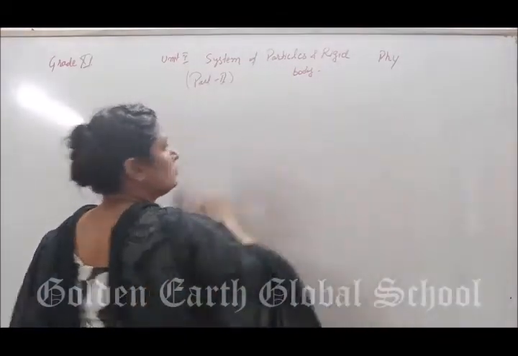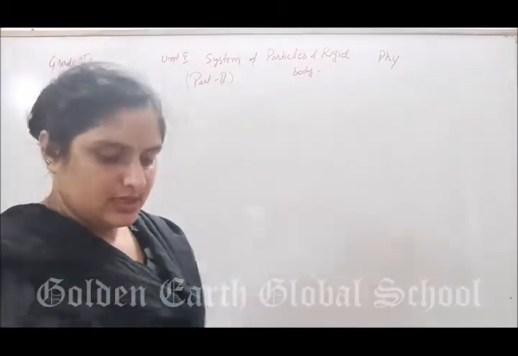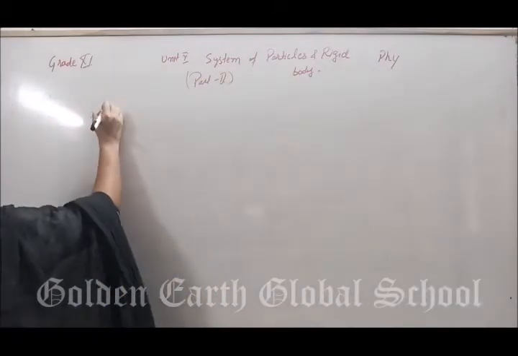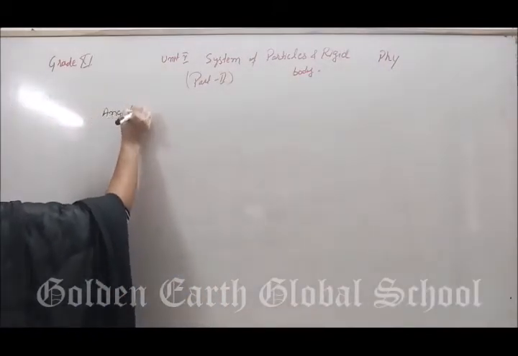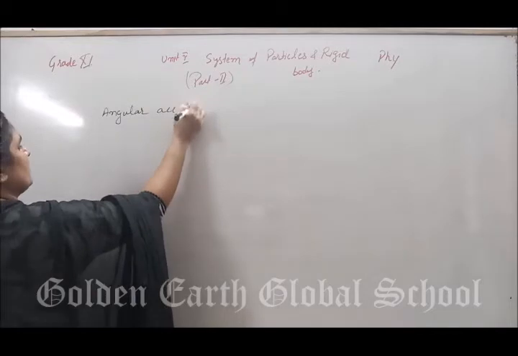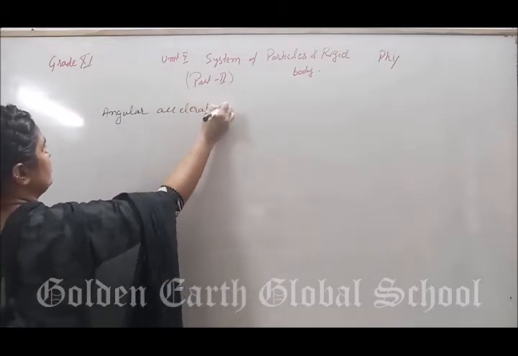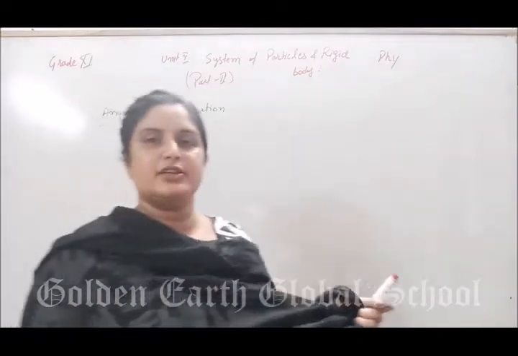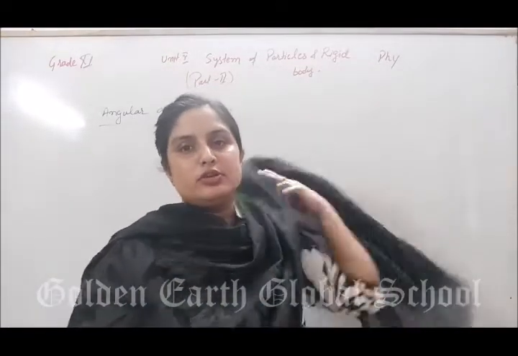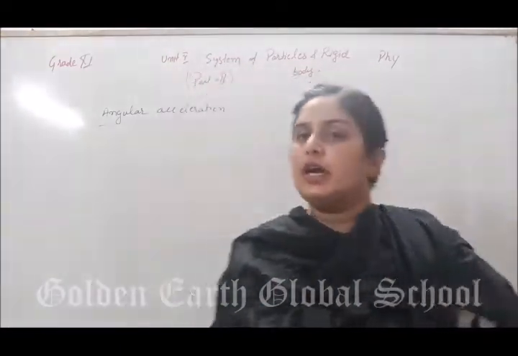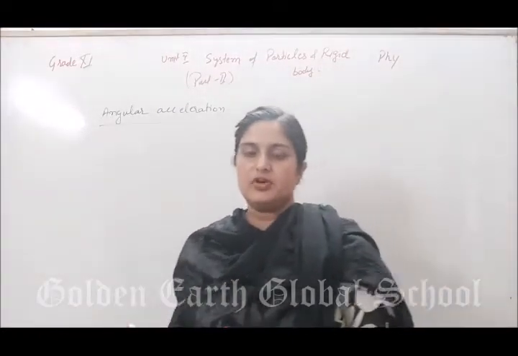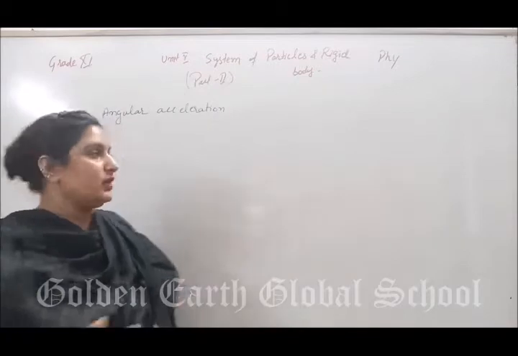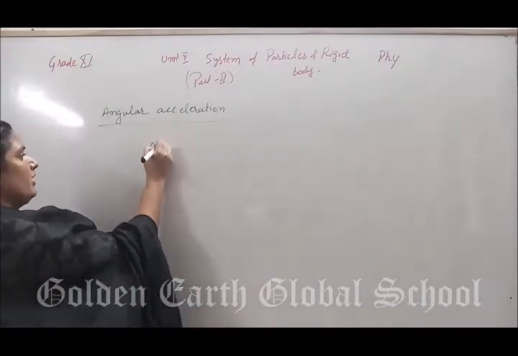Now next topic is the angular acceleration. What is the angular acceleration? Basically, it is equal to the ratio of the change in the angular velocity to the time, and it is denoted by alpha.